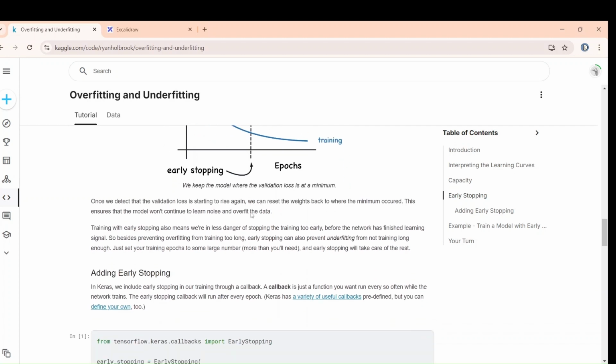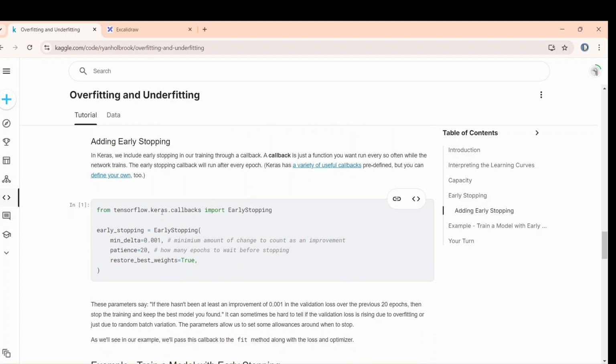But how to write the code? For that you have to import EarlyStopping. In Keras, we include early stopping in our training through a callback. A callback is just a function you want to run every so often when the network trains. The early stopping callback will run after every epoch. After every epoch, it will be called.